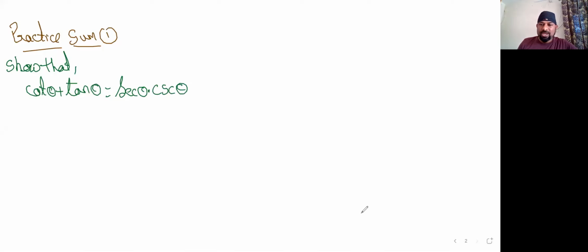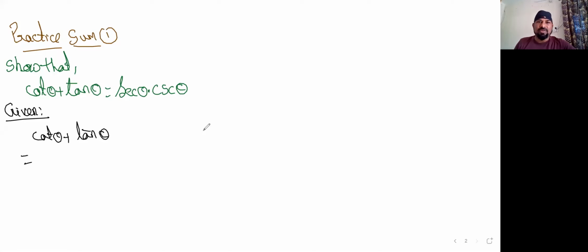Okay, so let us start dealing with the sums, as I said, with the 3 concepts we are discussing. What is given for us? Cot theta plus tan theta. This is what the given question is. Just now I have discussed, we have three concepts. Very importantly, we can deal with the ratio formula here.